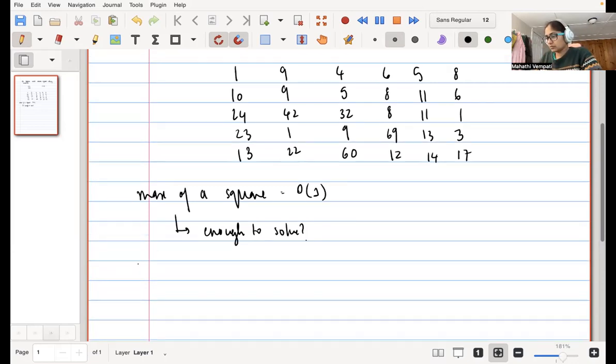Let's see. What is the number of squares of size L?